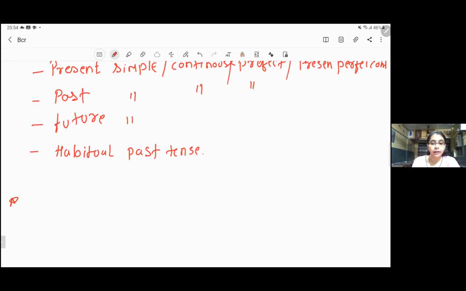And in the next line, you write: and the following four tenses do not come in our regular use. First one, past perfect continuous.